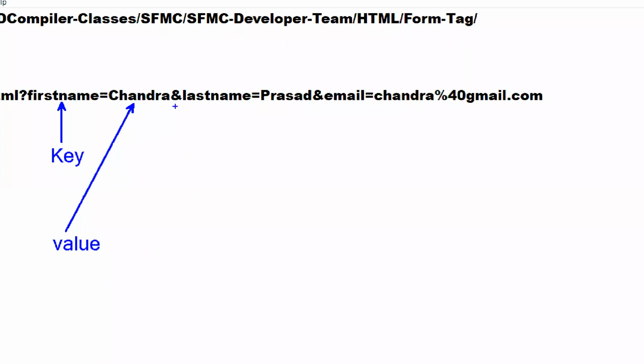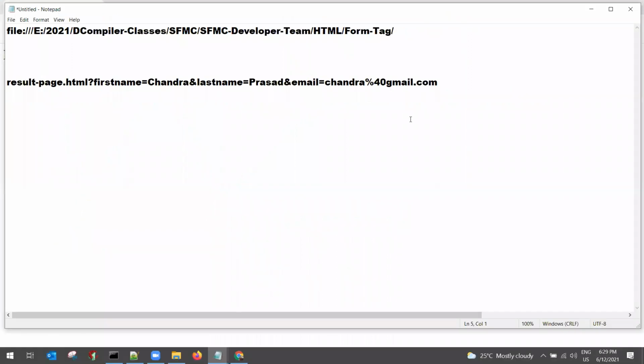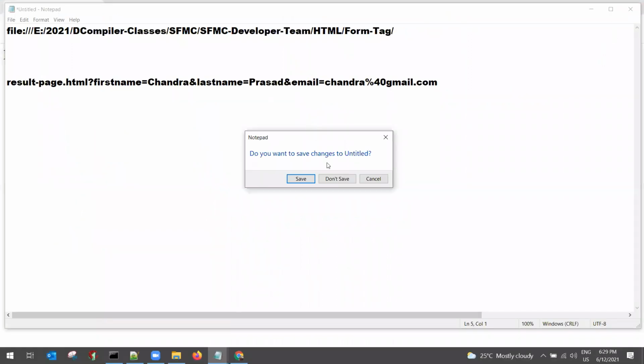This is the separator, and the symbol is known as ampersand. So first name is the key, last name is the key, email is the key, which comes from the HTML name, whatever you have given in the input tag. The input tag name attribute is very important.